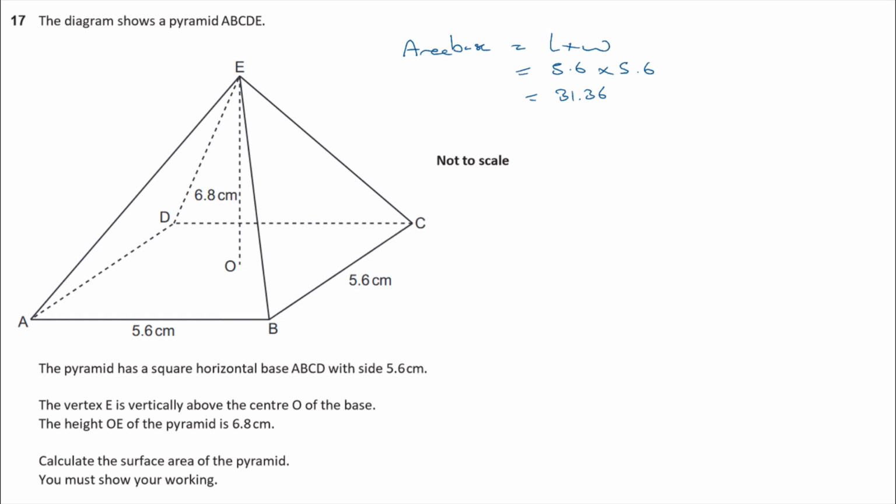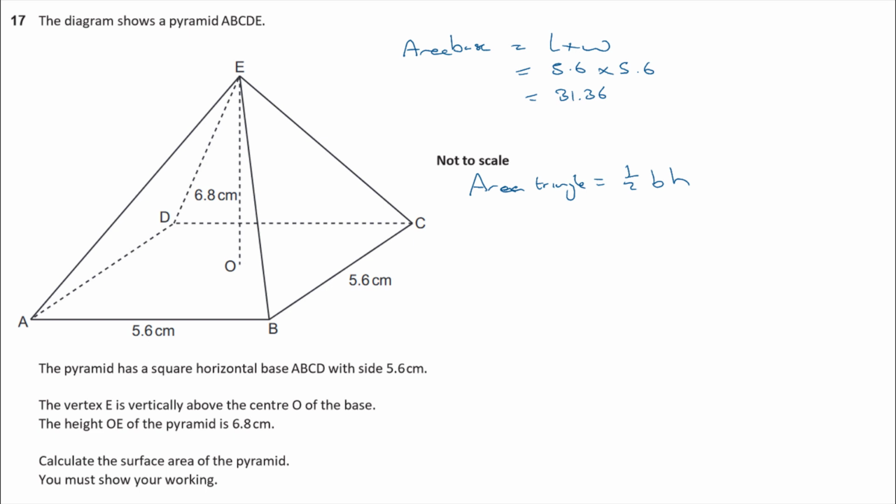Now, for the triangular faces, area of triangle, well, that's half base times height, isn't it? Okay. So the base is no problem. If we have a look, we know the base is 5.6. What about the height of the triangle?